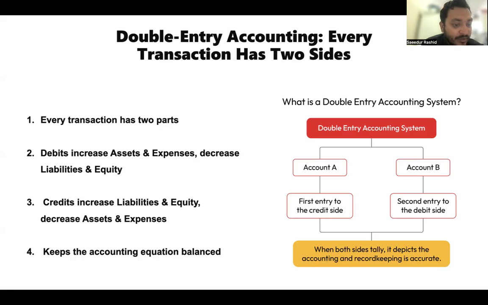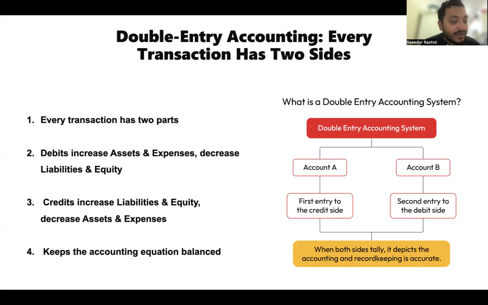So here is where debits and credits come in. Debits represent increases in asset and expense accounts, and decreases in liability and equity accounts. In our example, buying supplies would be a debit because it increases our supplies. Credits represent increases in liability and equity accounts, and decreases in asset and expense accounts.